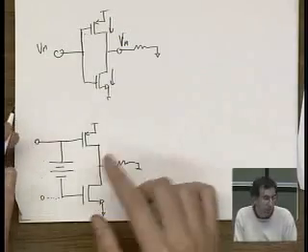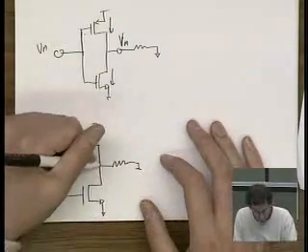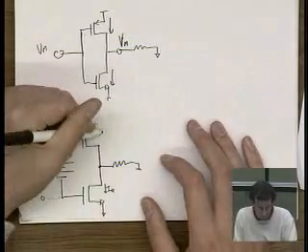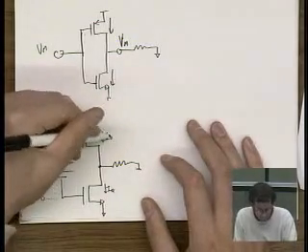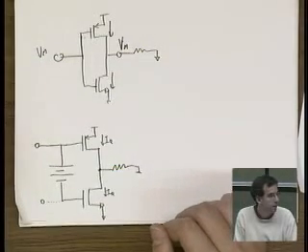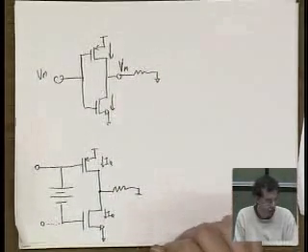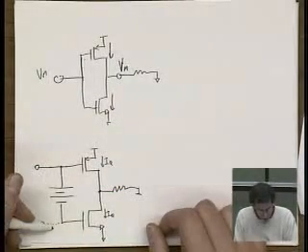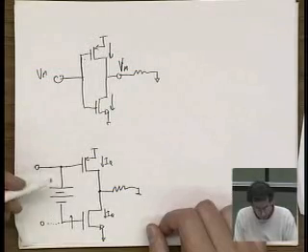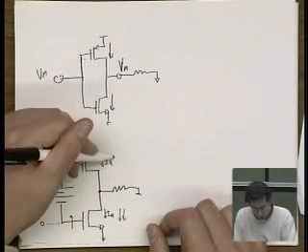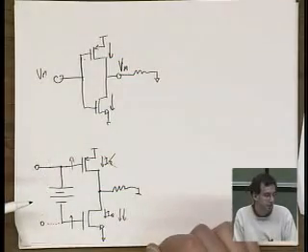Then you can set this up such that at the quiescent point, IQ is relatively small. Both these guys are barely in strong inversion in the saturation mode. But then as this node goes up, this guy pulls more current. This node goes up. This device basically turns off.